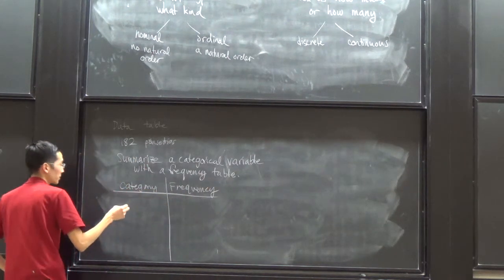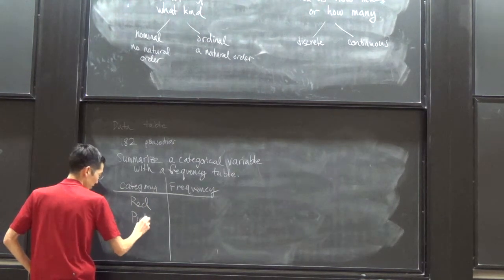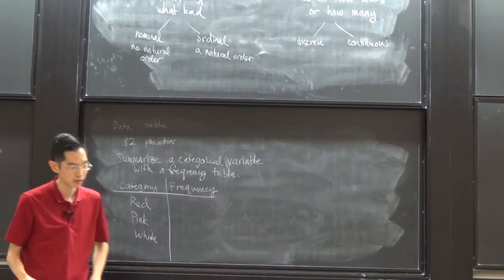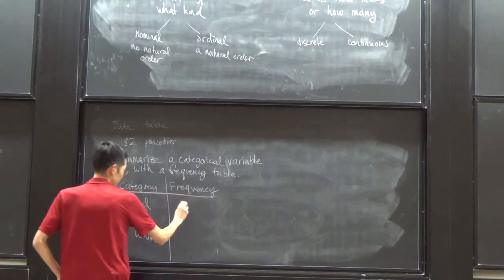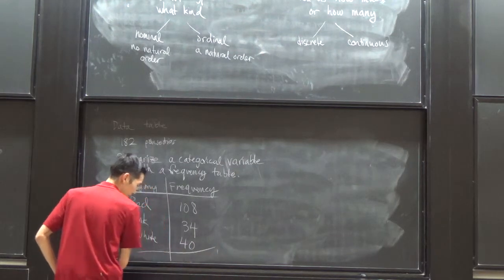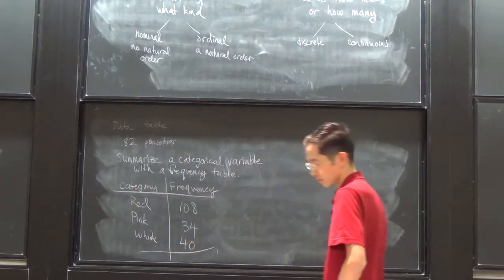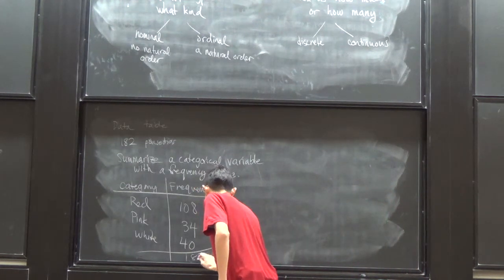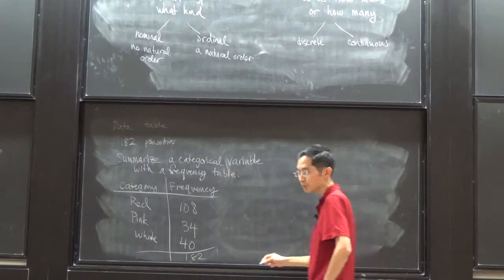And so the poinsettias can be red, pink, or white. And this is how many there were of each. Total of 182. Okay, so that's a frequency table.